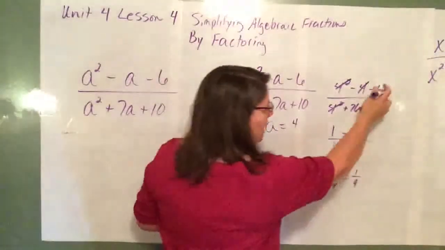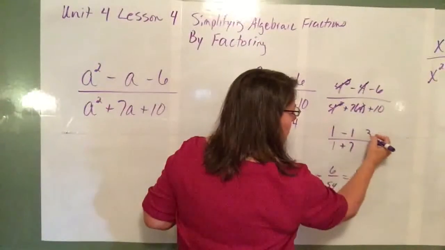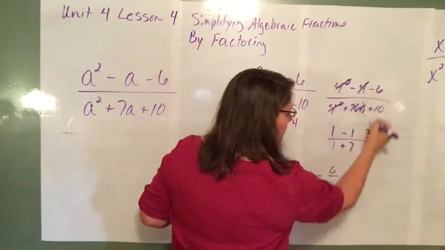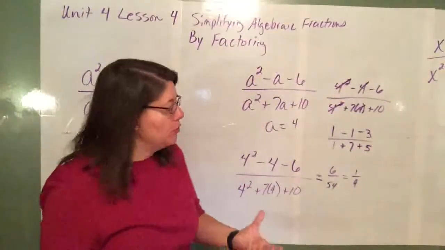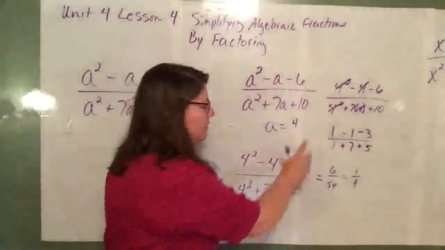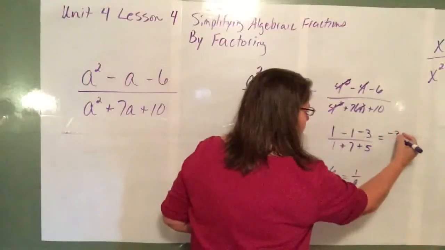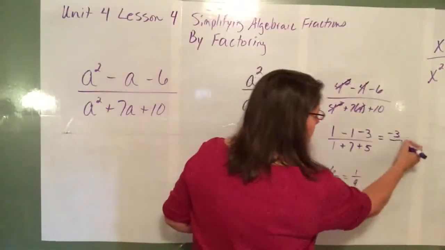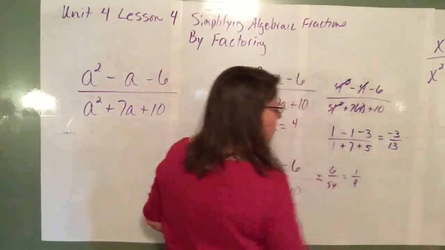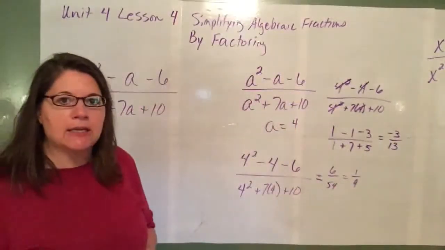And then the 6 and the 10 leave me with a 3/5. That was a minus, that was a plus. This is a common misconception with numbers. If you do that, 1 minus 1 is 0, minus 3 is -3. 1 plus 7 is 8, plus 5 is 13. We get -3 over 13.